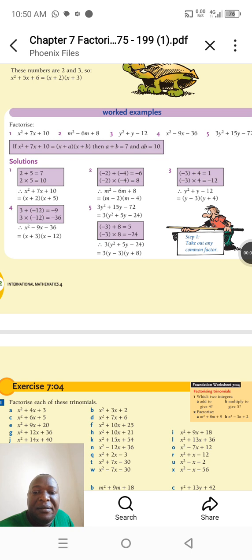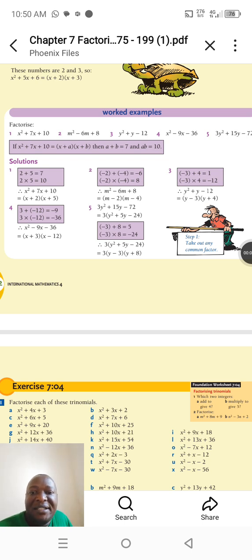Then question 4, we factorize x squared minus 9x minus 36. So the coefficient of x squared is 1, multiplied by the constant value in the expression, which is negative 36. So the product is negative 36. And the sum, which is the coefficient of x, is negative 9. So two numbers whose product is negative 36 and whose sum is negative 9.